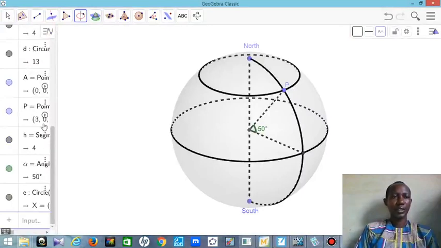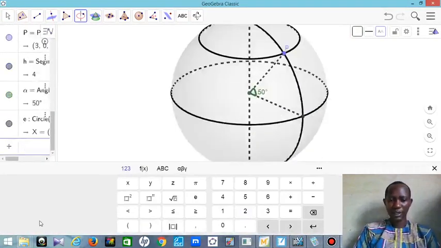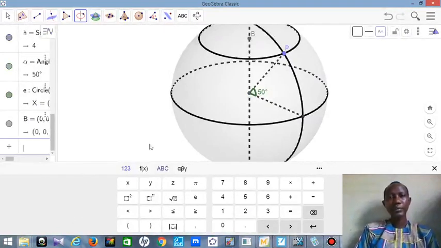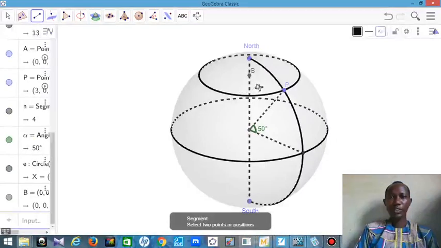You can see it. Then on that point, let's get the small radius line. So from there we can get our latitude, the small radius. So this is the small radius here.